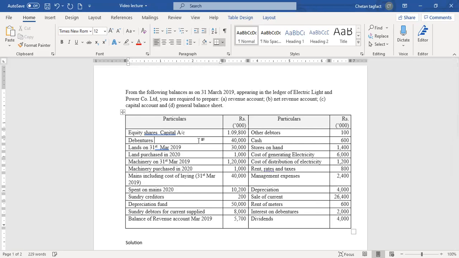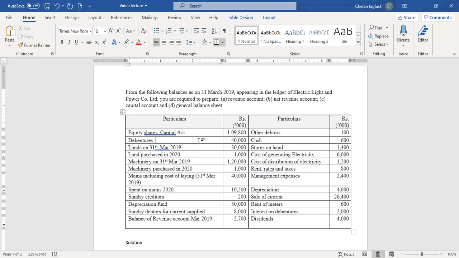And remember, in double account system, we prepare the capital account with an intention to know how the funds are generated and how these are utilized in the fixed assets, because electricity companies are public sector utility companies, and their intention to prepare capital account is to show to the public how the capital is generated, that is, the funds are generated in order to purchase or invest in the long-term assets of the business or of the public sector.